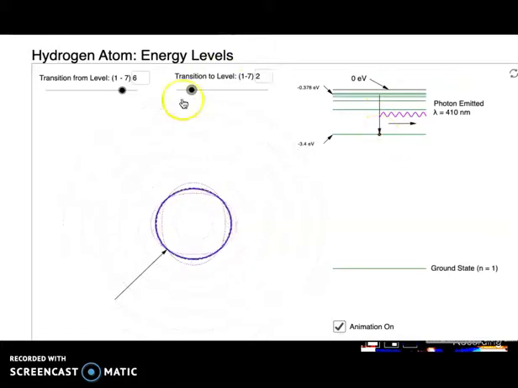So let's do it. You can do this by color, if you can see the colors here. The violet one, which matched up with spectral line A, in order to produce a violet light, went from 6 to 2 in its energy states.